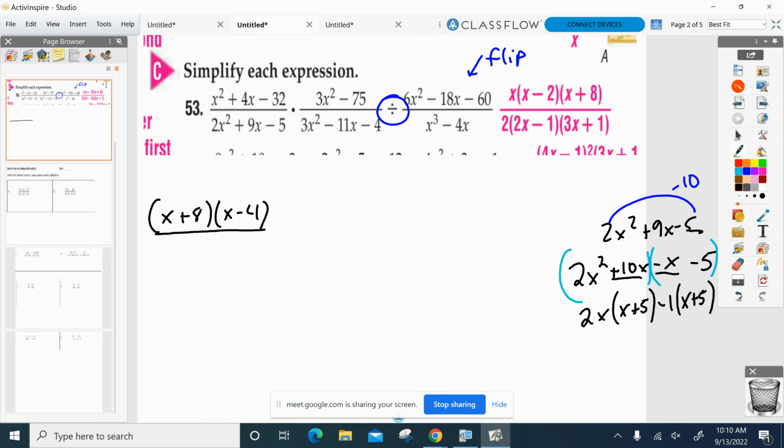What are my 2 parentheses going to look like? 2x minus 1 and x plus 5. Good job. That's got to be grouped, and you definitely will be grouping on Friday, without a doubt. 2x minus 1, x plus 5. Done. Grouping method.